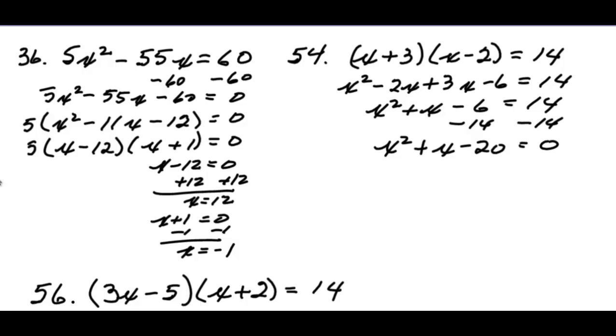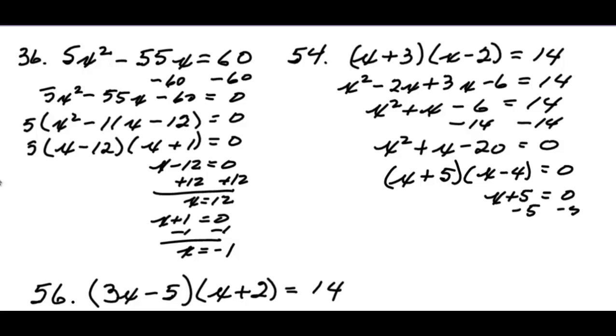Now we say, what two numbers multiplied together give me negative 20, and then combined give me a positive 1, and we know that that is x plus 5 times x minus 4 equals 0. Setting x plus 5 equal to 0, subtracting 5 from both sides, one of our solutions then is x equals negative 5.